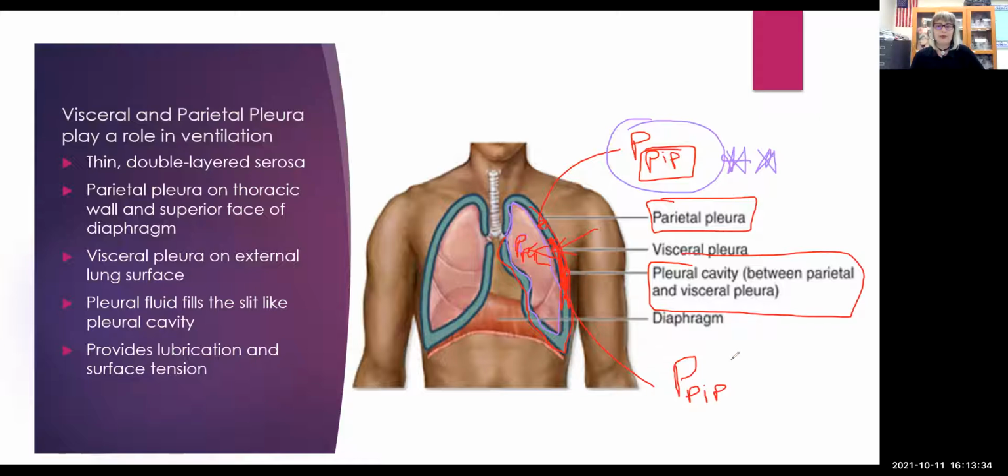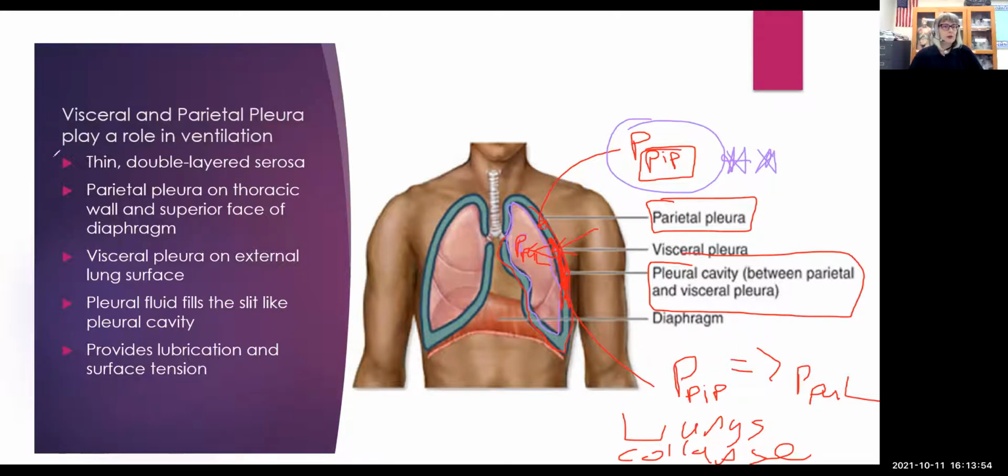And if PIP is equal to or greater than P-pul, then we have a problem. The lungs collapse. I wanted to point that out because that is super important, especially if some of you are going into the clinical world as healthcare professionals.